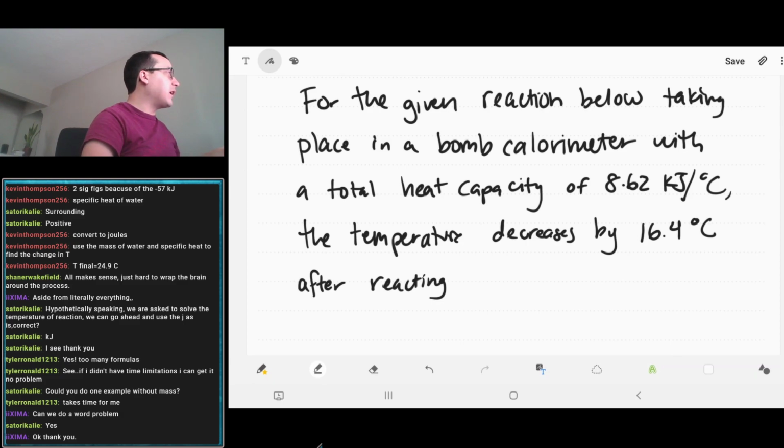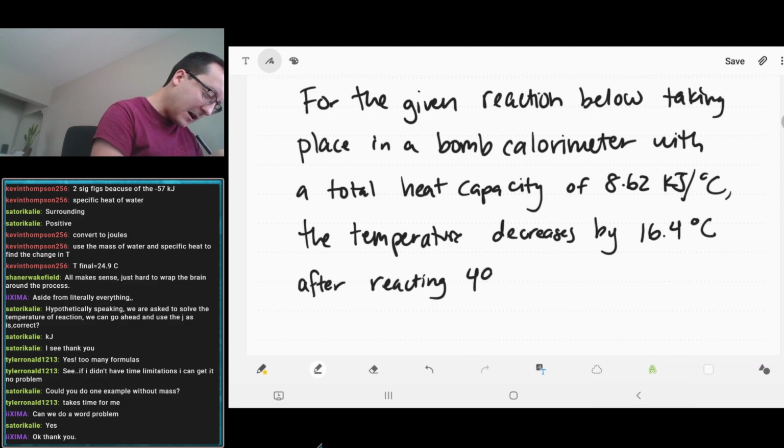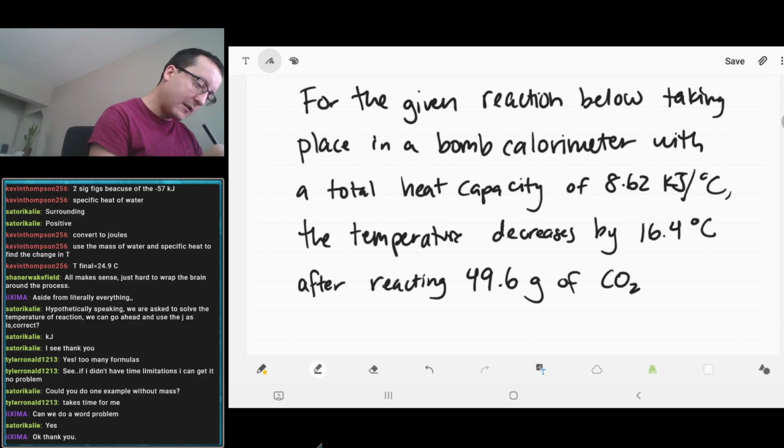I want actual reactions. Give me 1 second while I find something that is endothermic. Oh, of course. Temperature decreases by 6.4 after reacting 49.6 grams of carbon dioxide. Yeah, this will work.